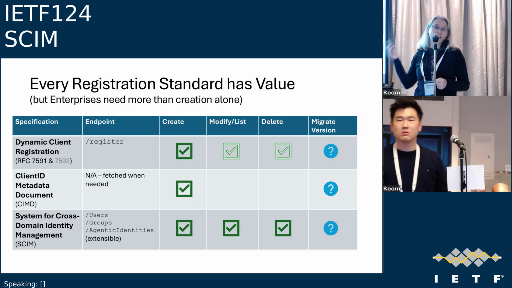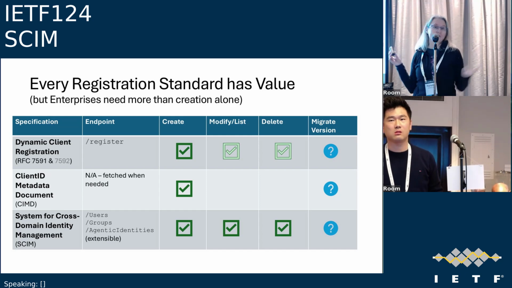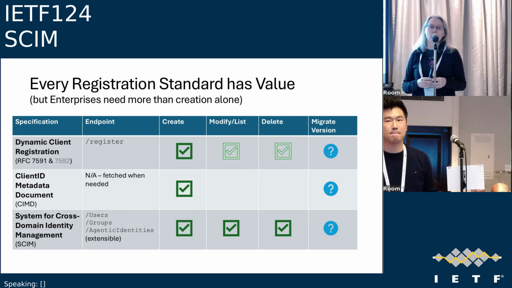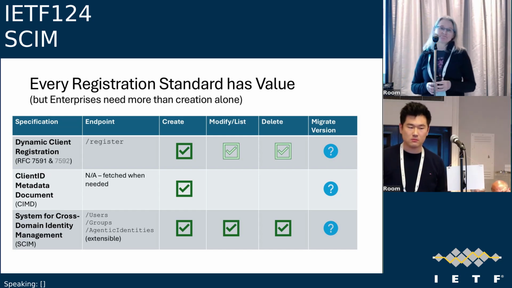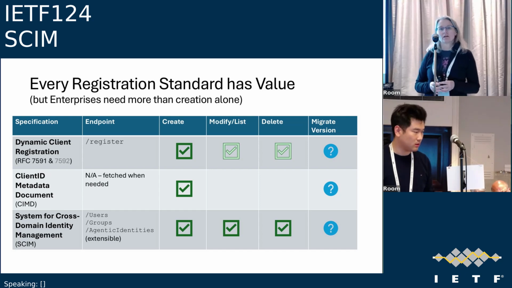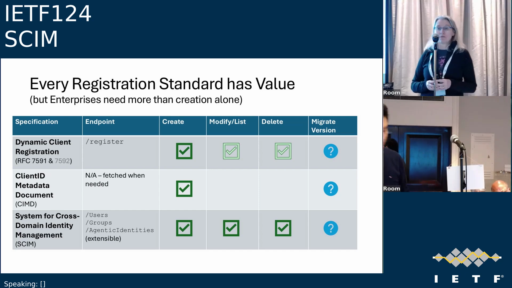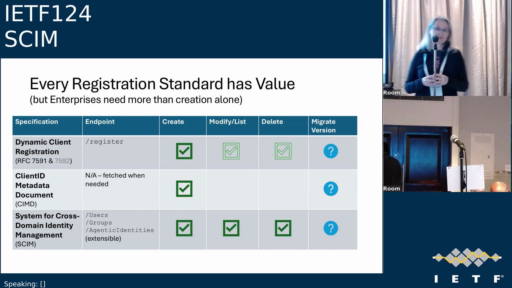So this just defines the interface. So it is a question of implementation. The endpoint, the slash agentic identities endpoint, would always be available. And it would be a question of the client and the server negotiating when things are created or updated. Yeah, I mean, there's a performance question at some point, right?